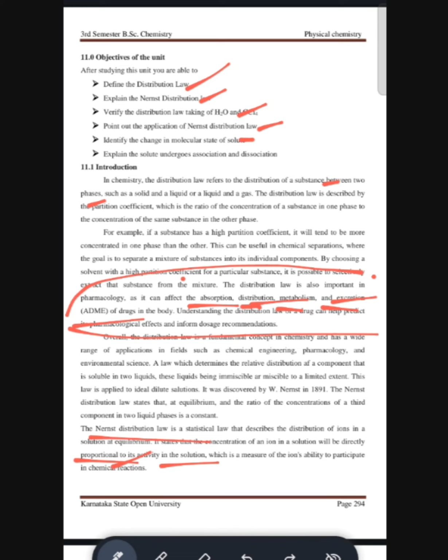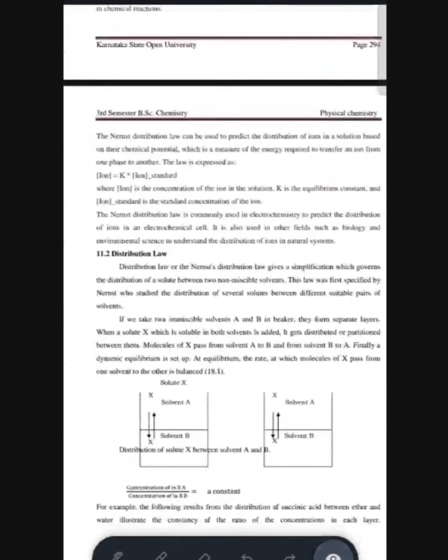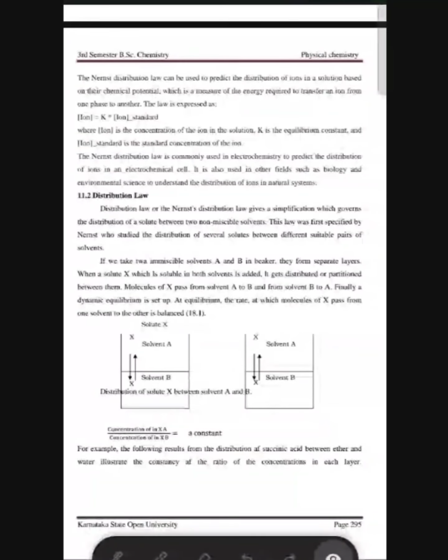The Nernst distribution law can be used to predict the distribution of ions in a given solution based on the chemical potential, which is the measure of the energy required to transfer an ion from one phase to another phase.